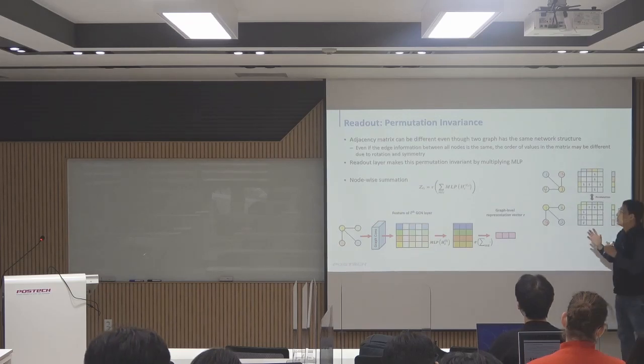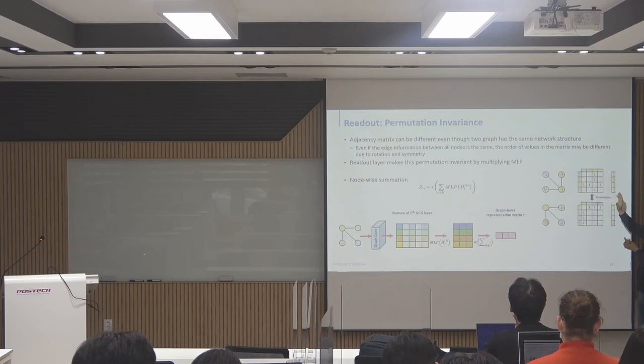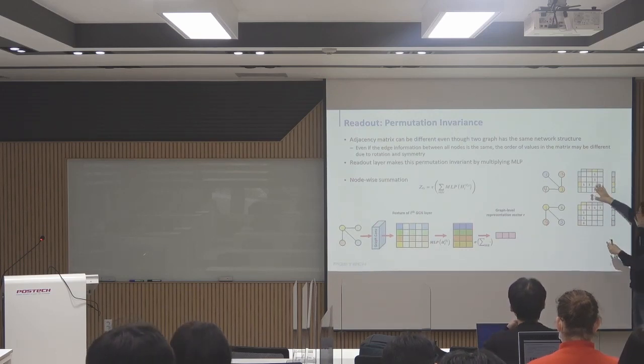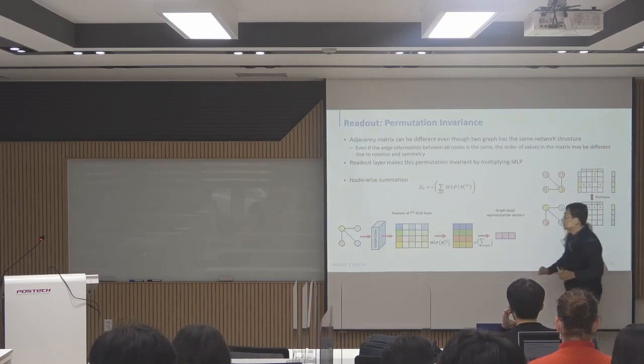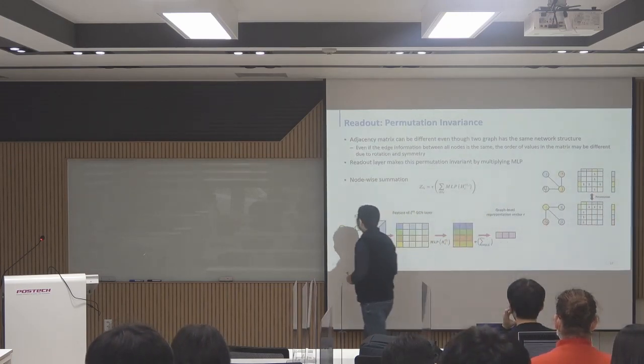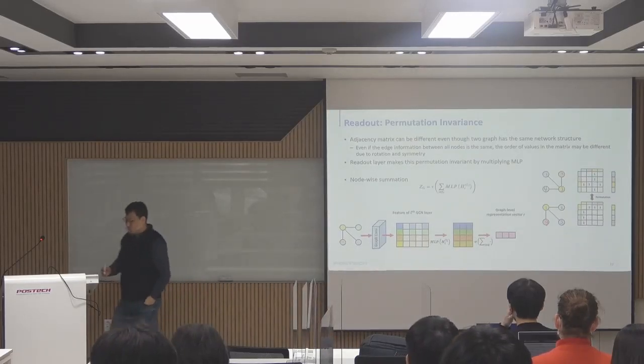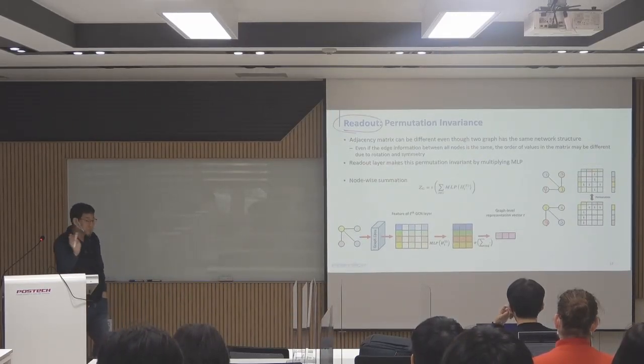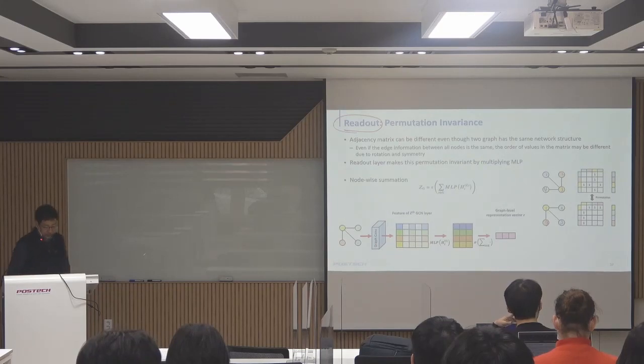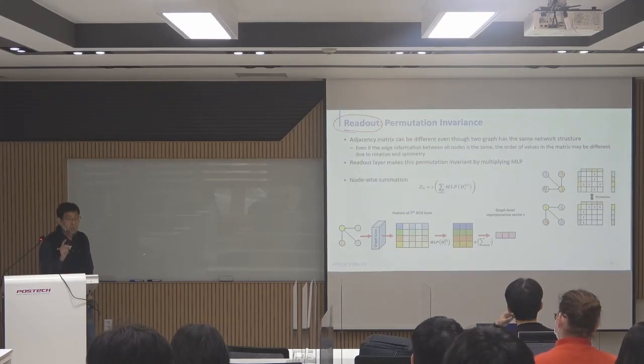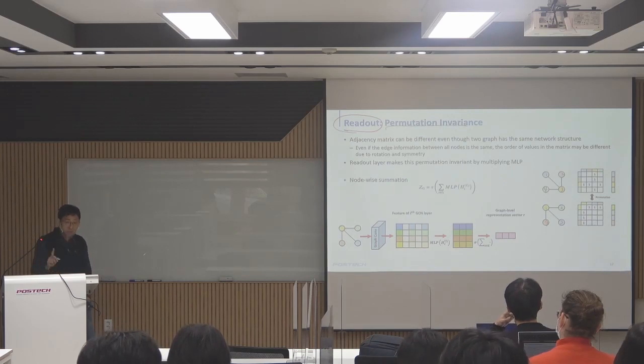So somehow we need to make it permutation invariant. Somehow we have to tell the computer that these two are identical. How do we do that? We call it readout. Don't worry about the name. You don't need to know. There are many ways that we can do permutation invariance.